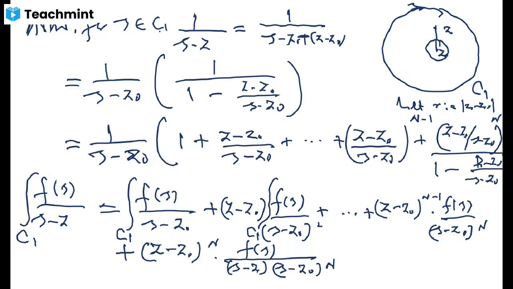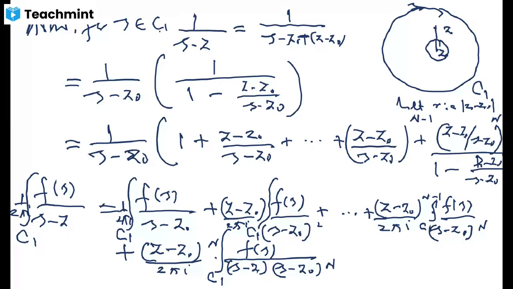This will be integral over c1, and this will be integral over c1, and also you just multiply it with 1 upon 2 pi i throughout. So you have this expression now.